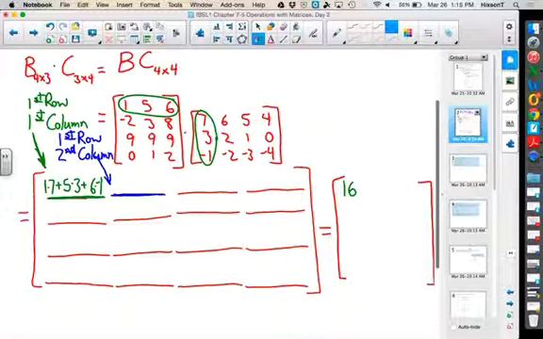Alright? So here's what I'm going to do. I'm going to use the first row. You're always using rows of your first matrix, and you're always using columns of your second matrix. Alright, so first row, second column to get the element that's in the first row of the second column.